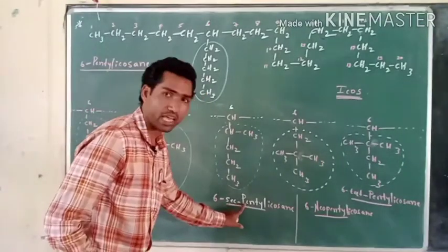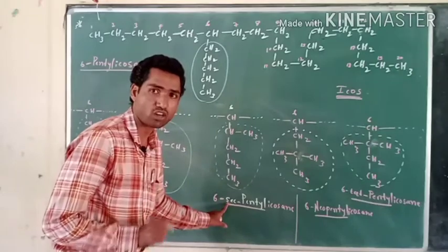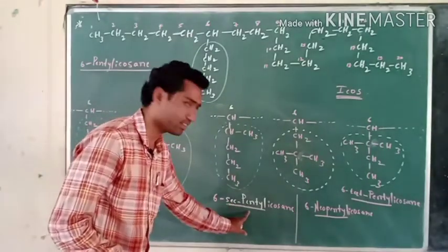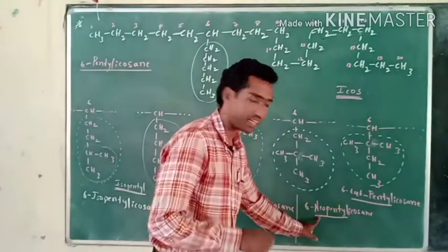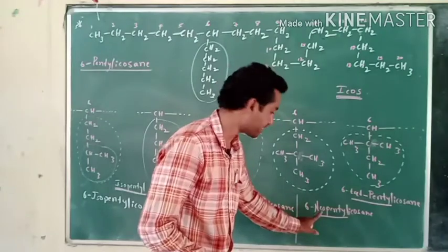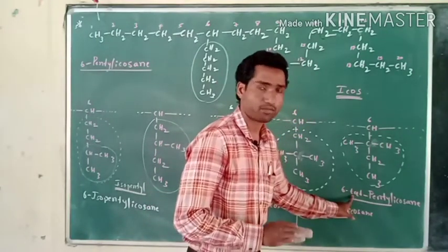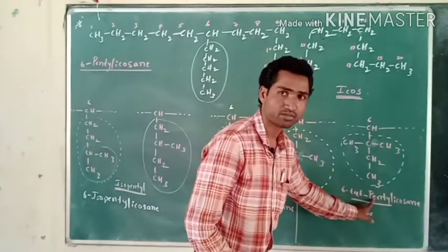Secondary pentyl, P is capital, that means sec, S is not the first letter of the name of this substituent. Neo, N is the first letter of this substituent, therefore I have written it in a capital letter. So tertiary is not the first letter of this substituent, P is the first letter of this substituent, right?